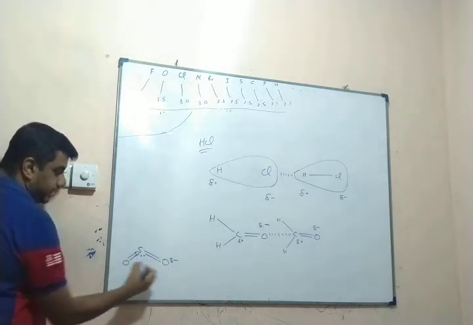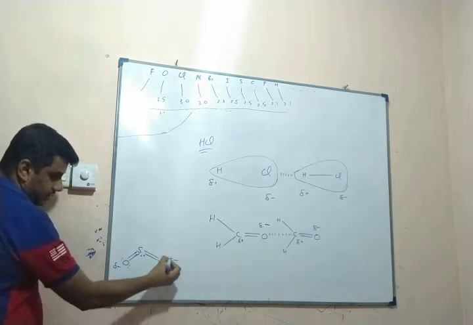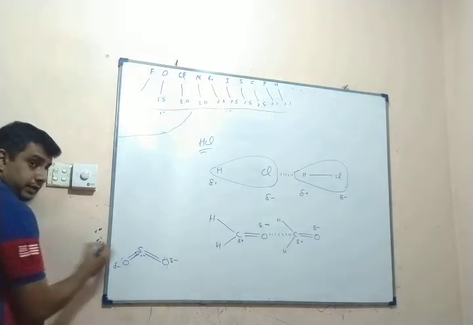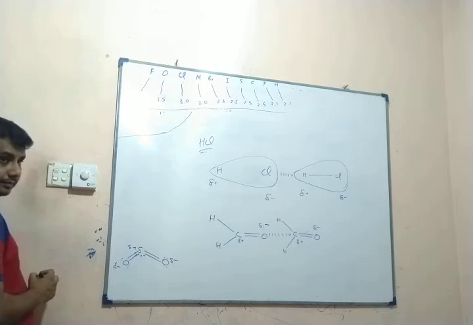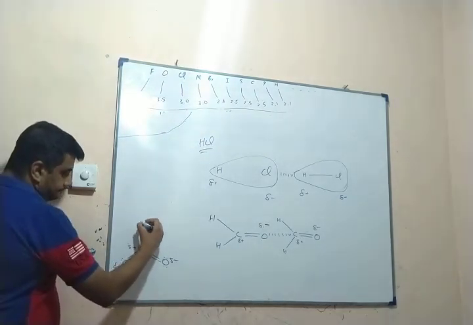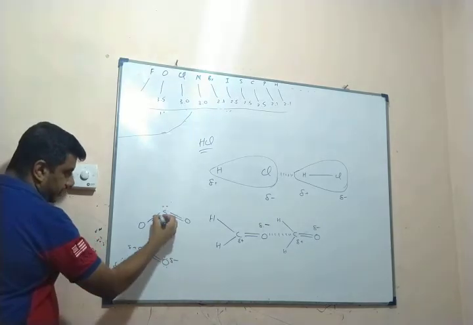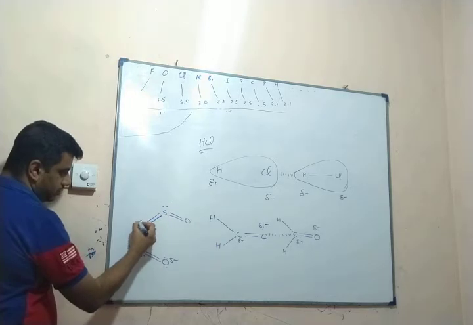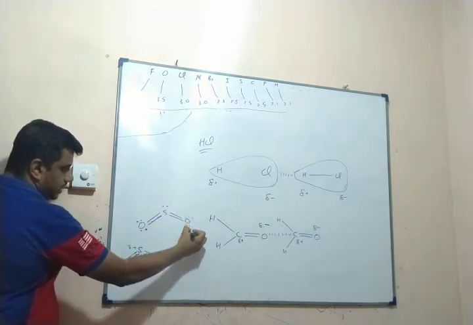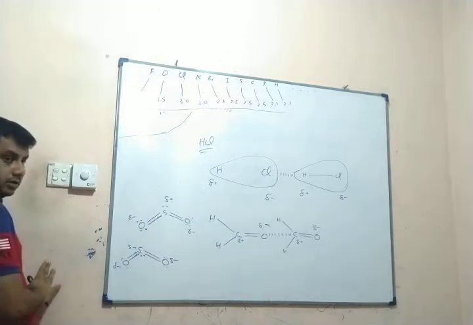This is delta minus, and sulfur is delta plus. Between two SO2 molecules, delta minus, delta plus.